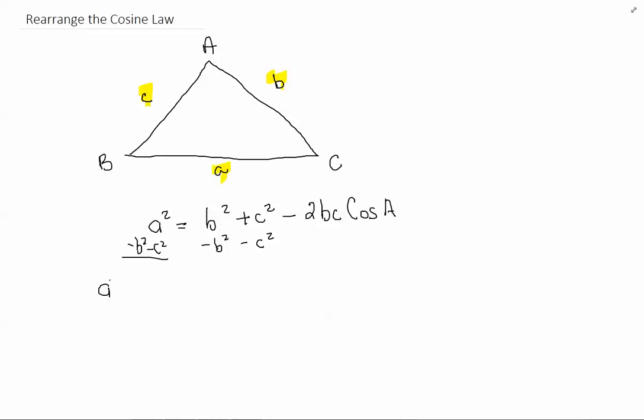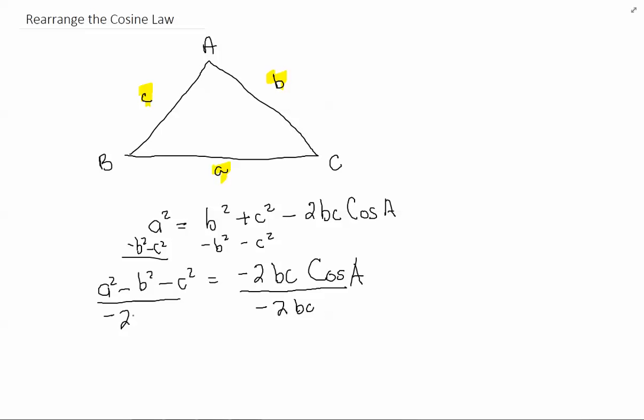So that gives me a squared minus b squared minus c squared. And that leaves me with negative 2bc times the cosine of A. I want to get the angle portion by itself, so I'm going to divide both sides by negative 2bc. It cancels here, and we're left with the cos of A.